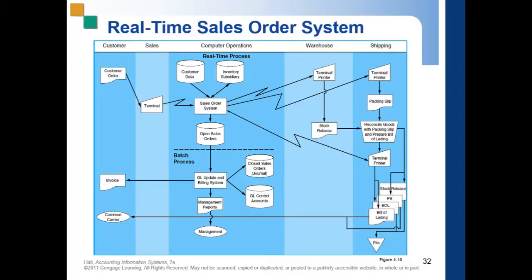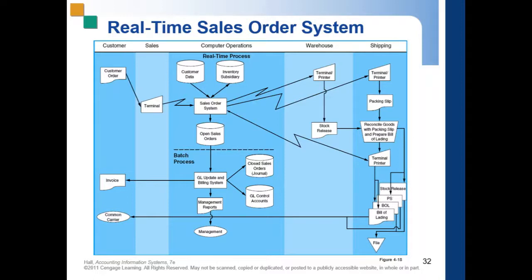The customer order goes to a terminal, which enters your computer system, and that triggers the real-time process. In the real-time process, the sales order system accesses your inventory subsidiary files and checks the availability of that inventory. So right at the start you will know if it is out of stock or if you have enough stock to serve the customer.